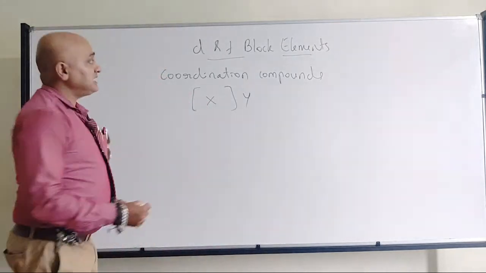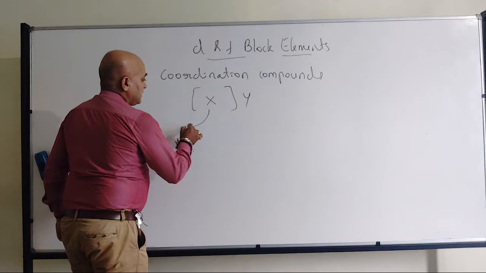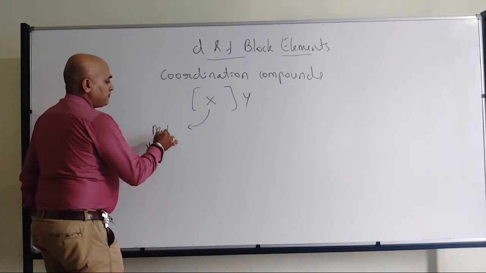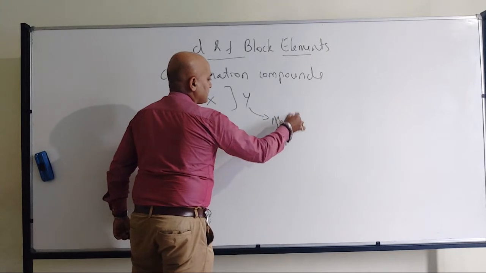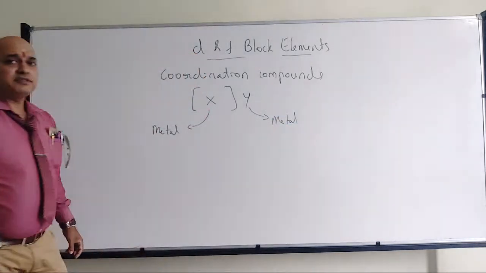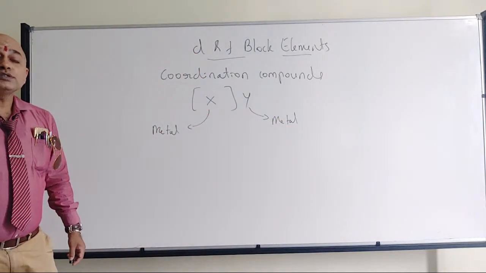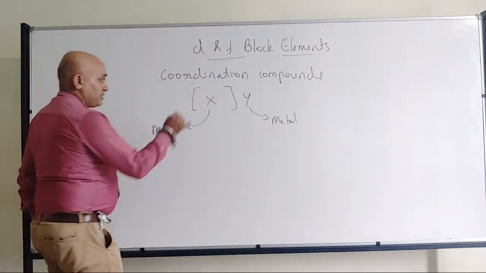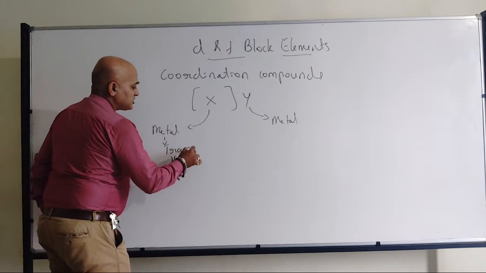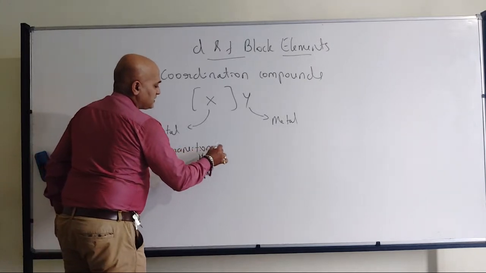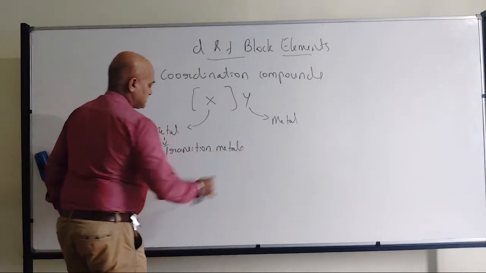Now if you observe it carefully, here we can have the metal and here also we can have a metal, no doubt. In most coordination compounds, inside the square bracket there will be transition elements or transition metals.